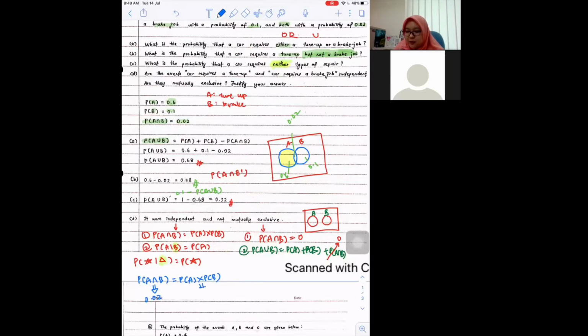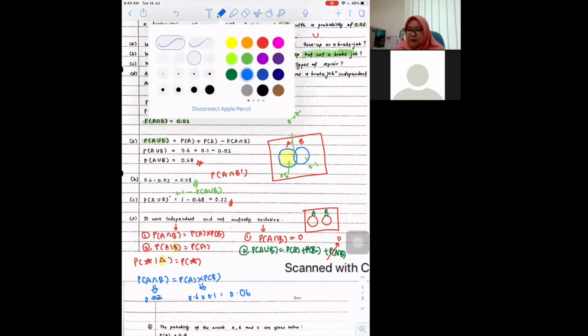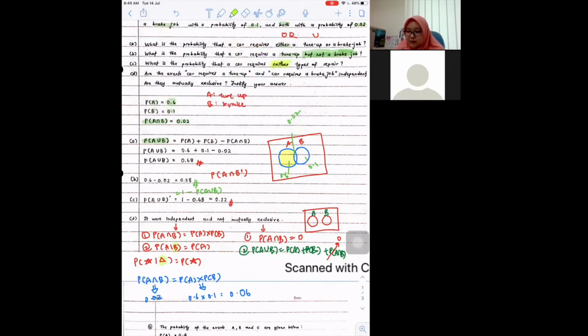And let's check this one. What is P(A)? 0.6 times P(B), 0.1. What is 0.6 times 0.1? Do you get the same? This is 0.06. So now, is it equal to each other, these two numbers here?